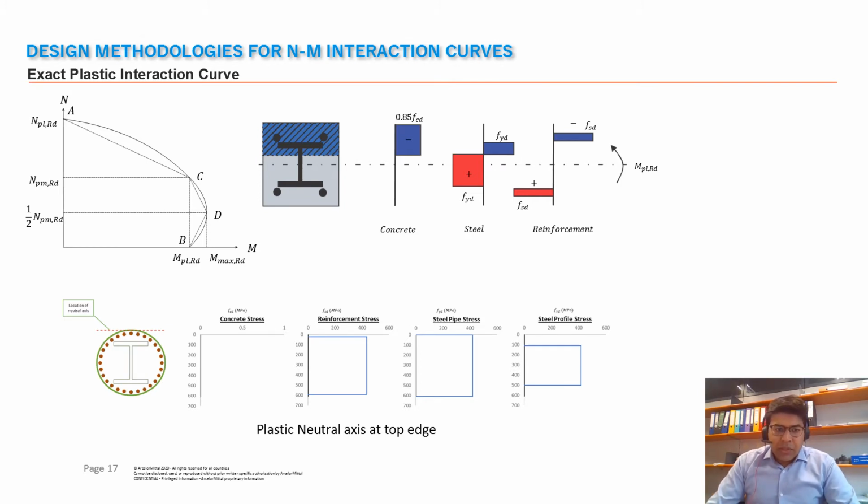In this case, you see in the bottom a circular CFST column, and you see in the red dotted line the neutral axis, so the plastic neutral axis, and basically the cross section is divided into many small fibers, and for each fiber a normal force is calculated, and the moment is calculated based on the stresses for each material type, so concrete, reinforcement, and if there is a steel tube outside or a steel profile inside.